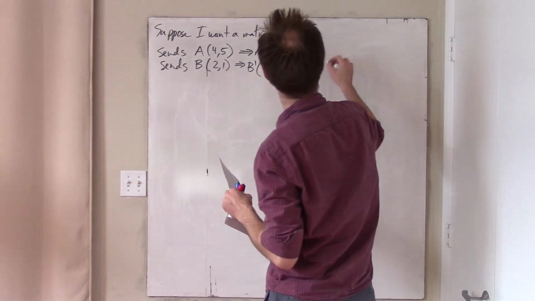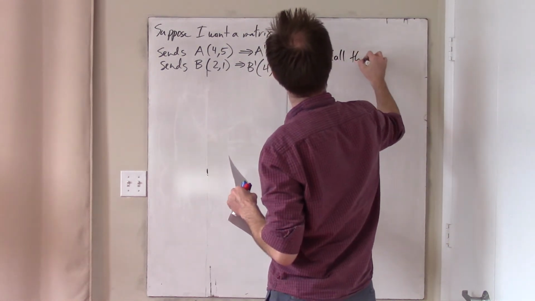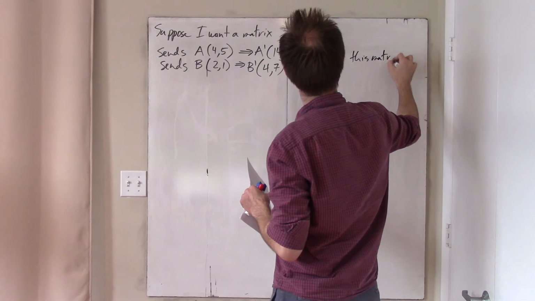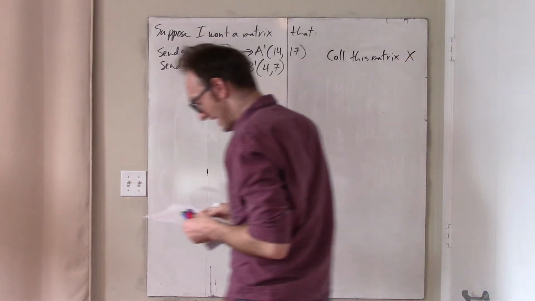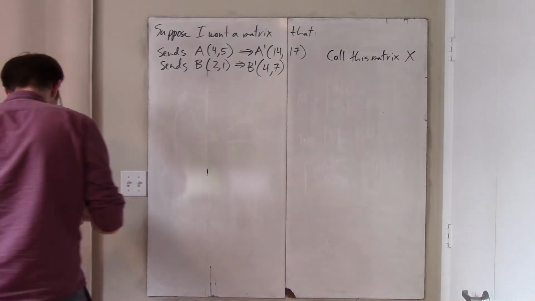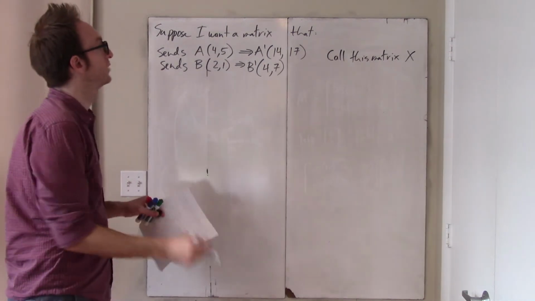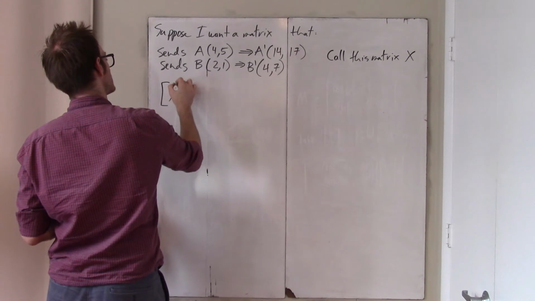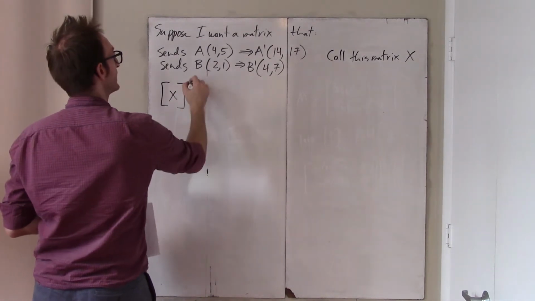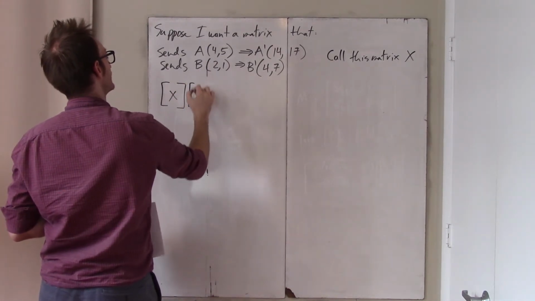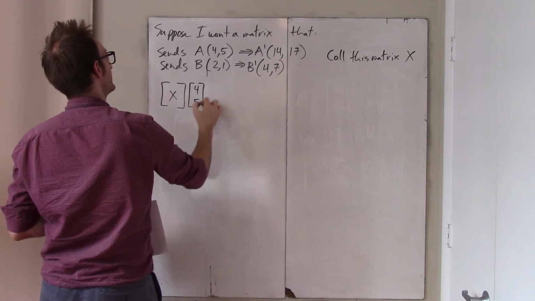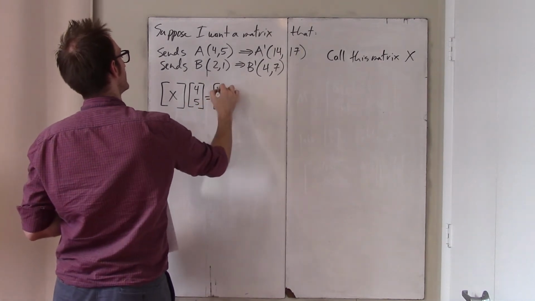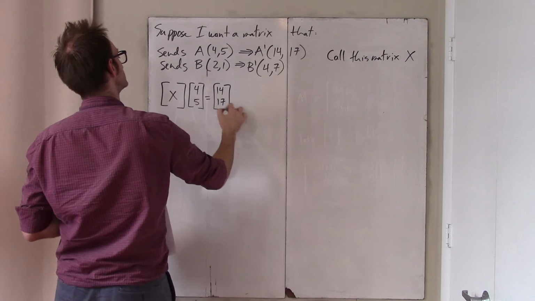Well, let's call this matrix X. The way to translate this into language that we find easier to work with is, there's some matrix X. What does it do? Here's what I know that it does. When you feed it the vector 4, 5, it outputs the vector 14, 17.